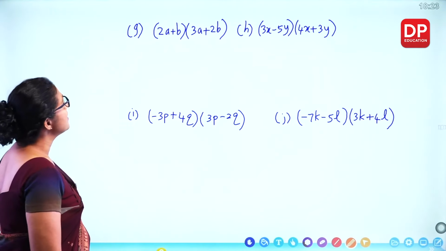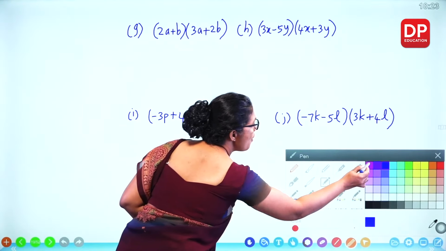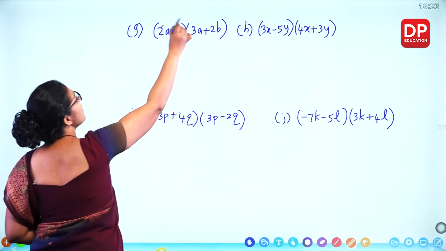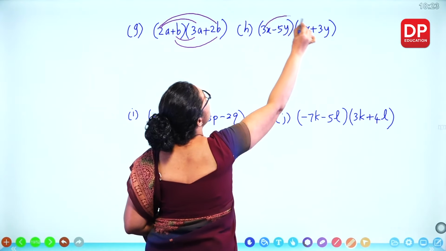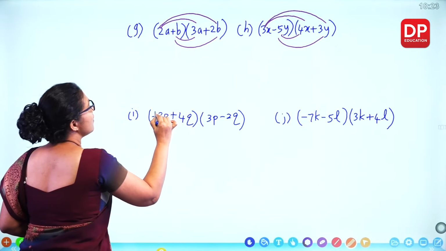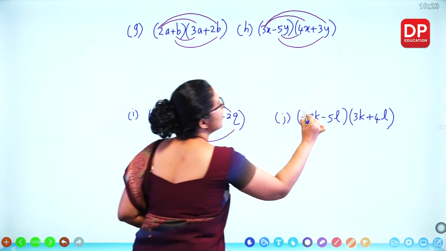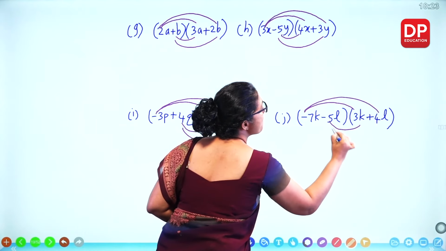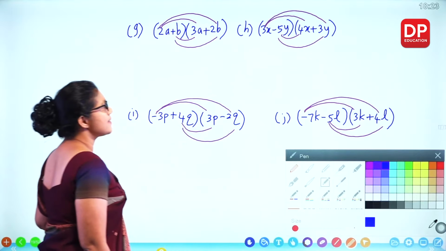We'll take again these questions using rainbow method. Again draw the rainbow like this. Then you can multiply and see.